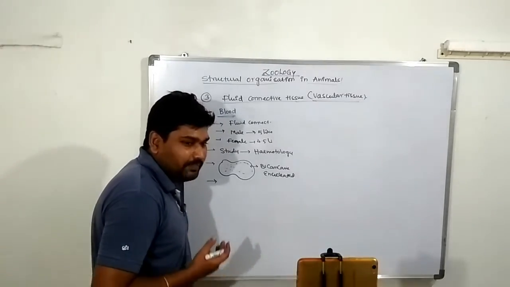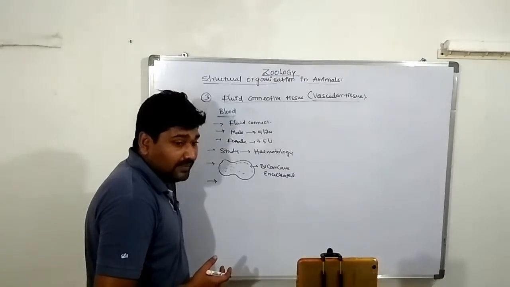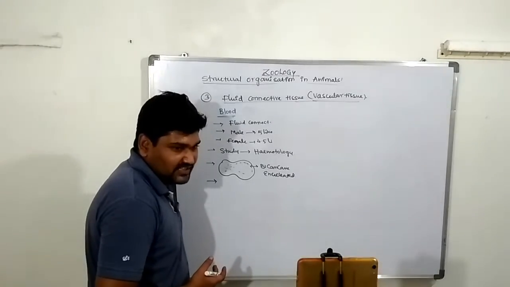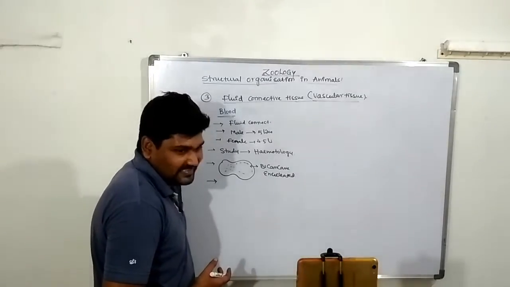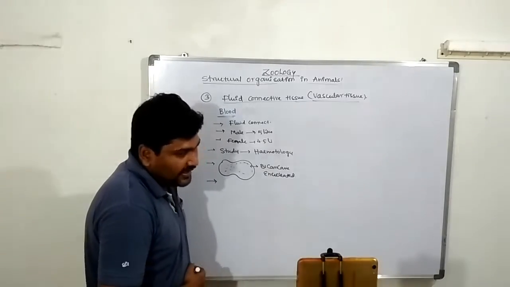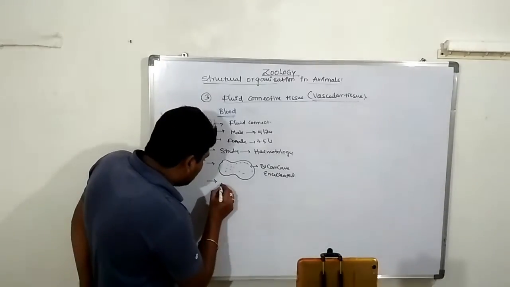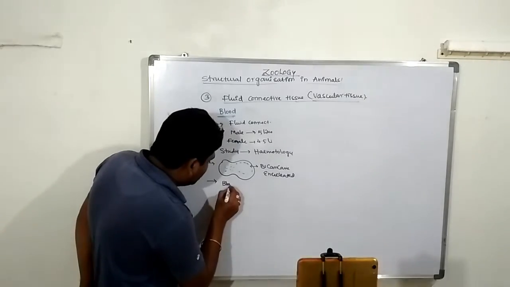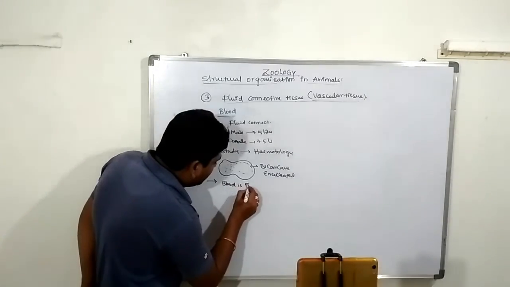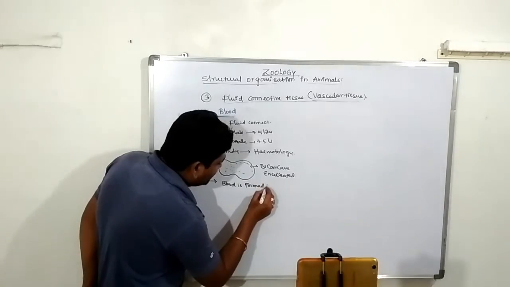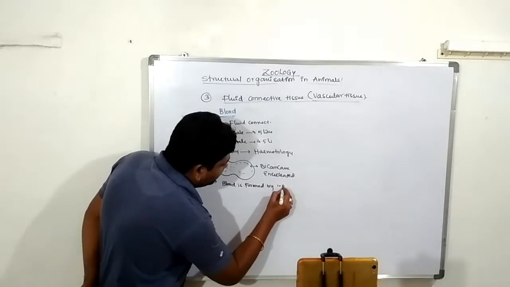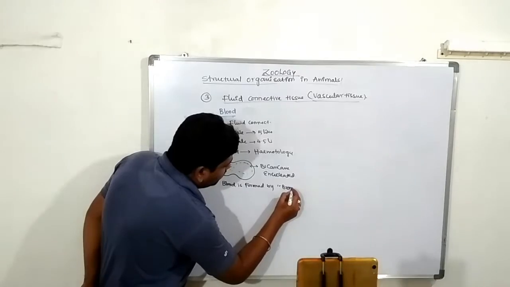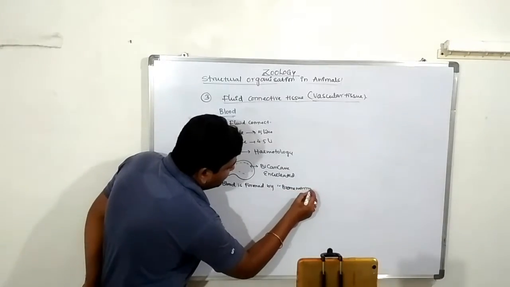The increasing of the blood volume is called hematopoiesis. So where is blood formed? Blood is formed from the bone marrow in adults.